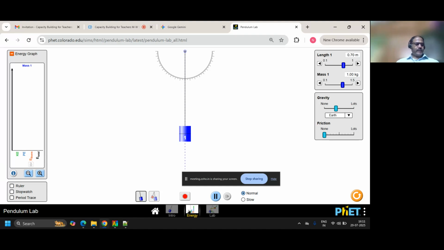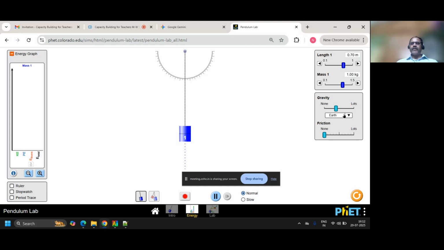There is an energy meter here on the left hand side. If you see here, it marks KE, meaning kinetic energy, PE, meaning potential energy, E thermal, which is thermal energy, and total. Let me show you what it does.